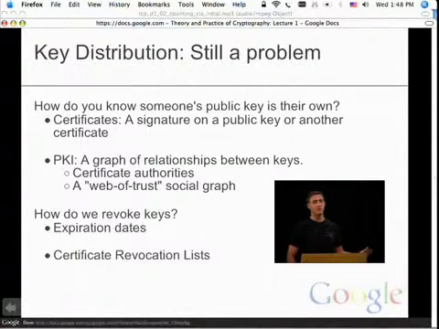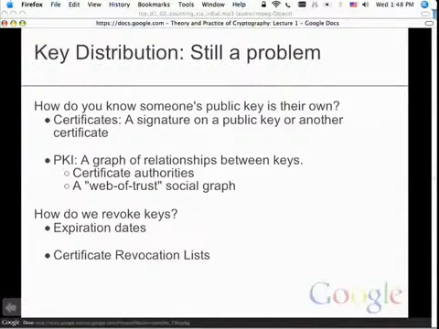I could put up my key on a web page, and then somebody else can sign it and attest to it. If you go in your browser, you can look at a bunch of certificates, and these are signed by what are called trusted authorities or roots. They're people like VeriSign and AT&T, companies whose business is basically signing people's public keys.